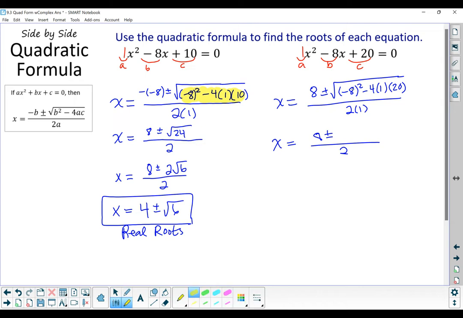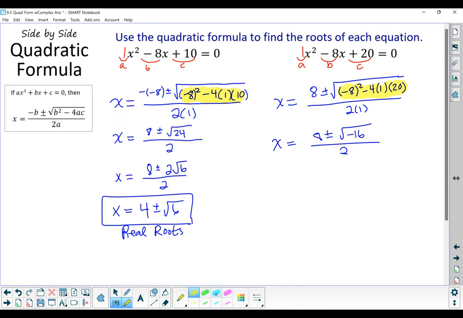So if we evaluate that root in your calculator, you will get that the number inside the root is negative 16. My handwriting is not great today. I'm sorry. So if you typed the root in with that, you would just get a domain error.